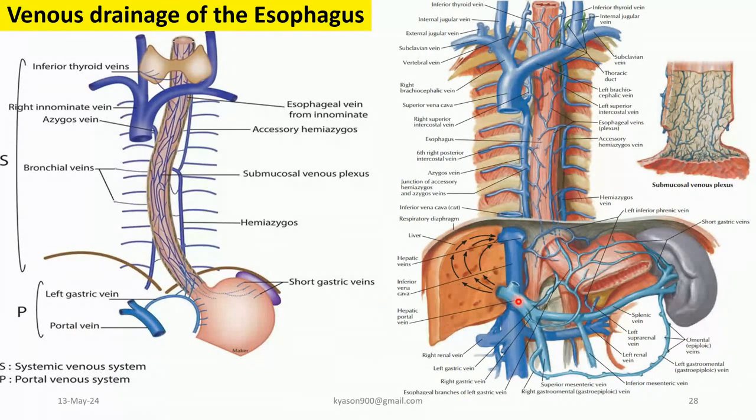The portal vein, as you can see here, the hepatic portal vein, is a vein that picks blood from your gut, blood that has nutrients, and it will be taking that blood to the liver. So among the veins that join the portal vein, we have the left gastric here, picking blood from the lesser curvature of the stomach, but also from the abdominal part of the esophagus.